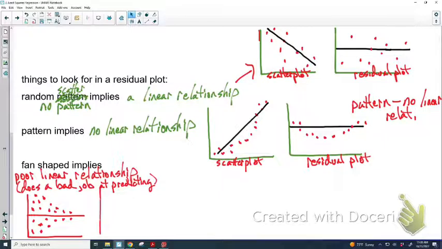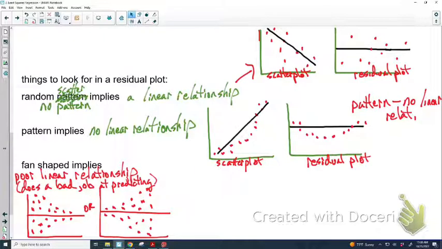Or vice versa. Starts out really narrow, maybe, and then it spreads out. That would be really bad too. So those two are fan-shaped patterns.